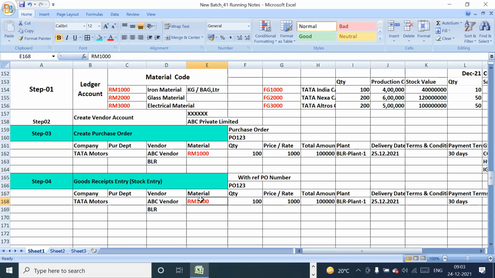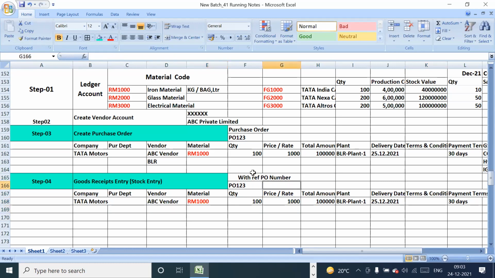Okay. What materials did we give, and whether the ABC vendor or some other vendor is supplying the goods? Quantity and quality, and whether there are any physical damages. All this we are going to verify and then confirm the stock.